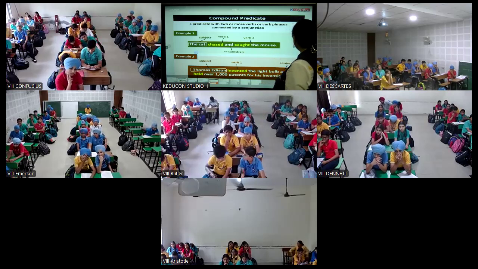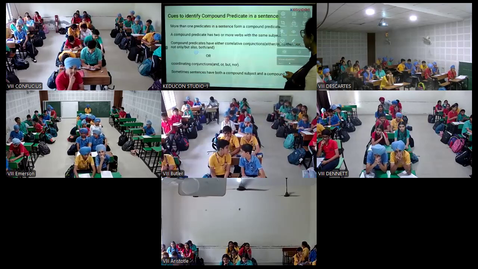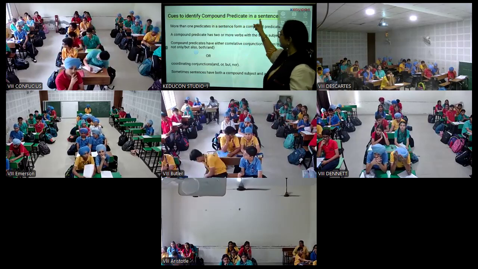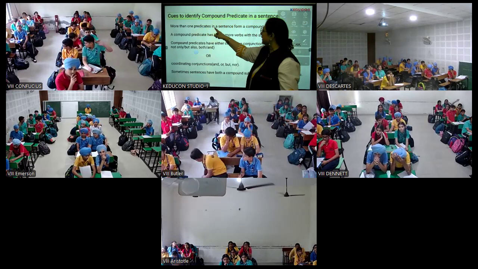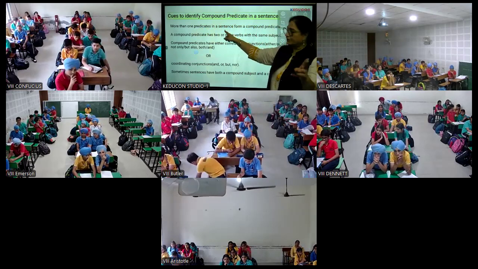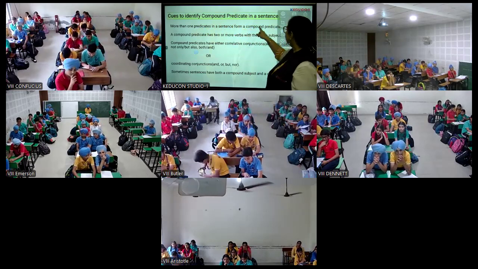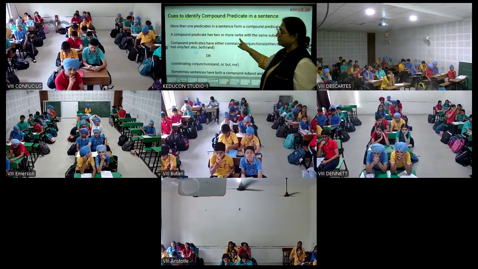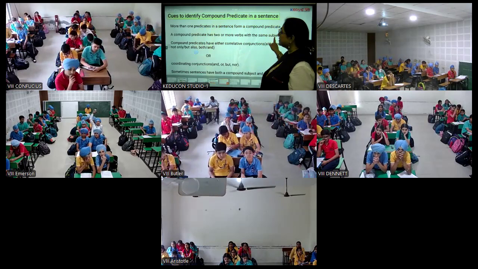Now let's quickly go through the cues to identify a compound predicate. More than one predicate in a sentence forms a compound predicate. A compound predicate has two or more verbs with the same subject.